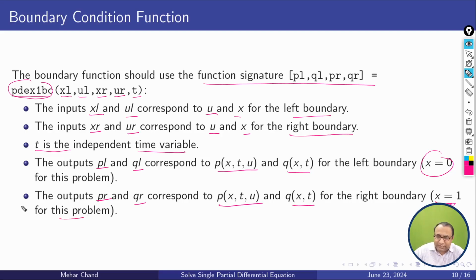So these are the arguments used for the boundary condition to write the MATLAB code, and every symbol which we are using must be very clear, only then can you write your own code.